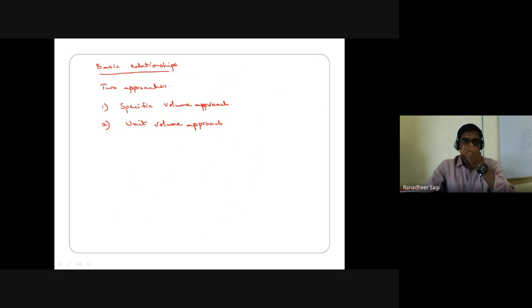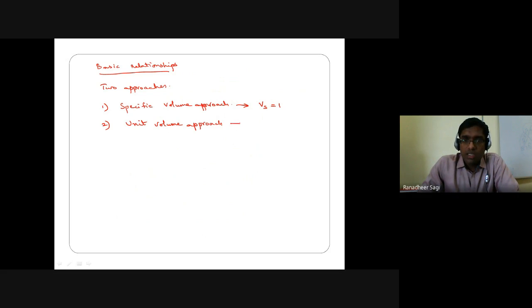Now, what is the difference between the specific volume approach and the unit volume approach? In the case of the specific volume approach, we assume the volume of soil solids present in a given volume of soil to be equal to 1. For unit volume of soil solids, based on that consideration, we derive that relation.